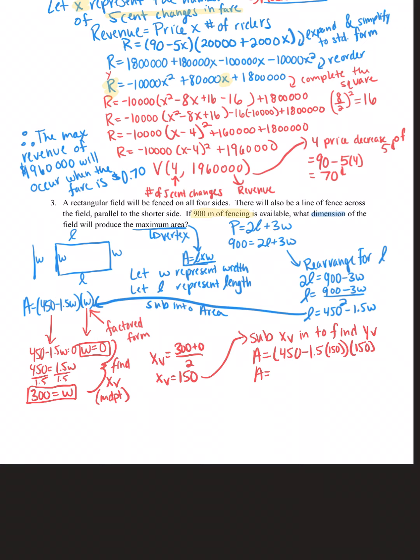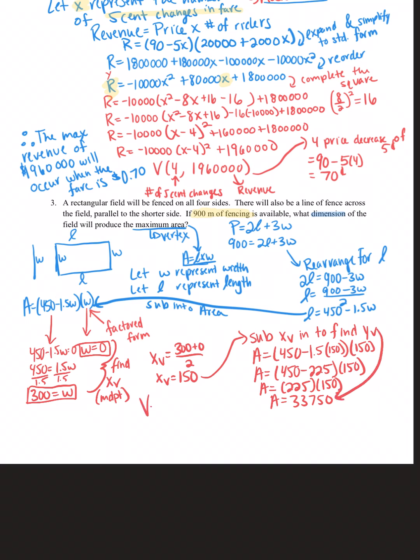So 450 minus 1.5 times 150. 1.5 times 150 is going to be 225, times 150. So 450 minus 225 is 225, times 150. So our area is going to equal 33,750. And remember, this was also the y value of my vertex.